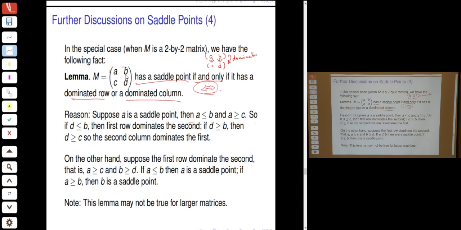If you take the two rows A, B and C, D, the statement that there is no dominated row means that if A is bigger than C, B has to be smaller than D, or if A is smaller than C, B has to be bigger than D. Both inequalities cannot go in the same direction. So the fact that there is no saddle point immediately implies certain kinds of inequalities between the entries of the matrix, and that's what we are going to use.